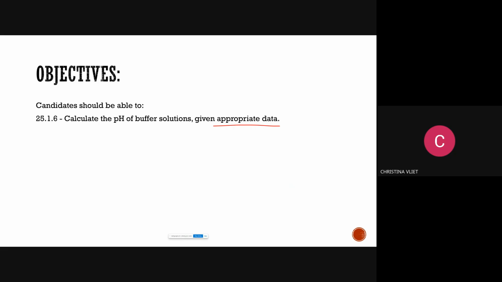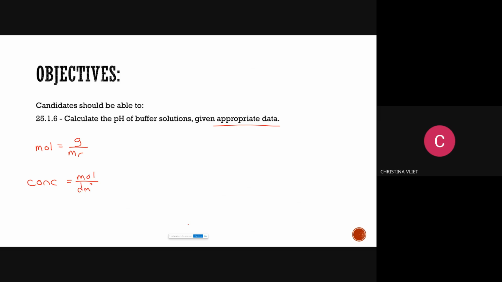All right, so what do we got to remember about buffer solutions before heading into this lesson? First, we should know our general formulas, meaning we should know that if I'm looking for moles, it's grams over molar mass. If I'm looking for concentration, it's moles over dm cubed.